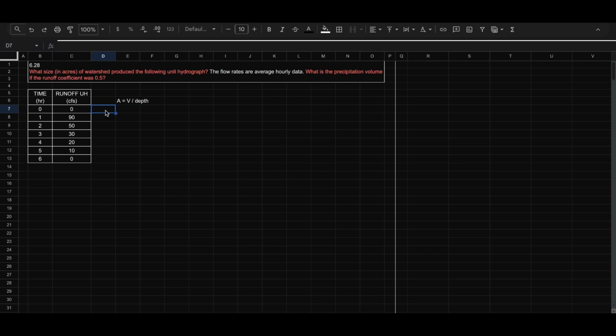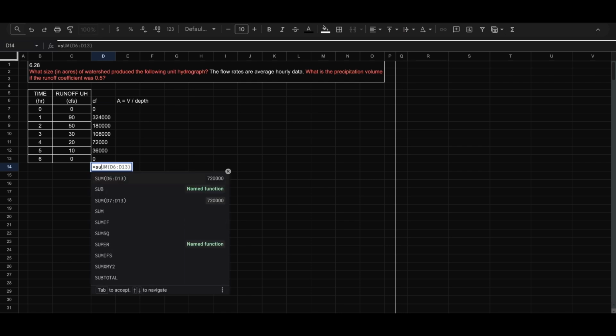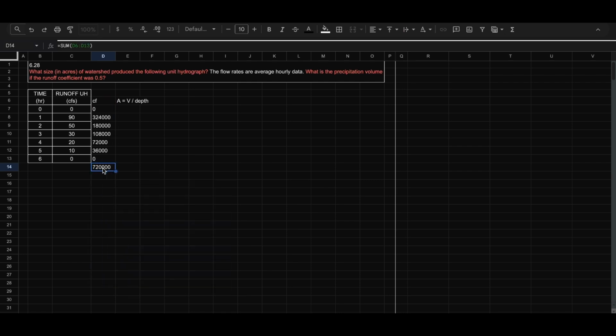So let's convert just to cubic feet, and pay attention that each interval is per hour. So all you need to do is multiply by 3600 to get rid of the seconds. And now you just have the volume in cubic feet. With this information, you can just sum all of them up. And this is cubic feet.